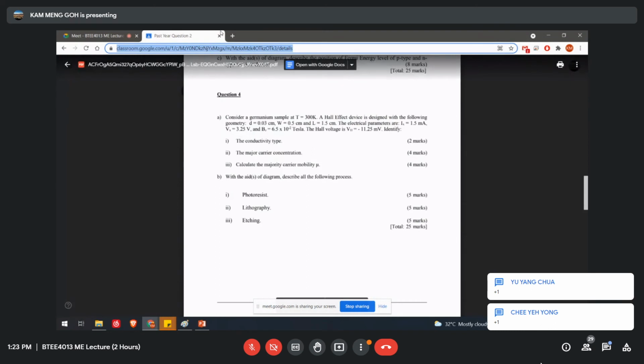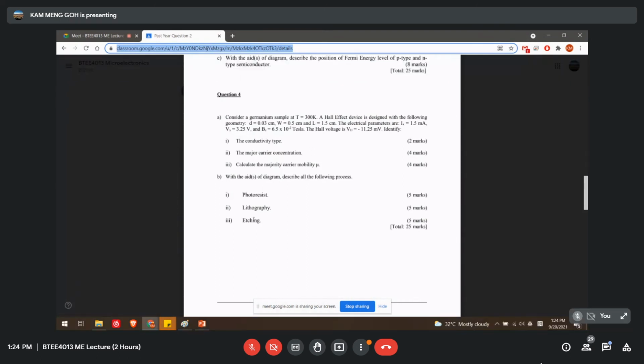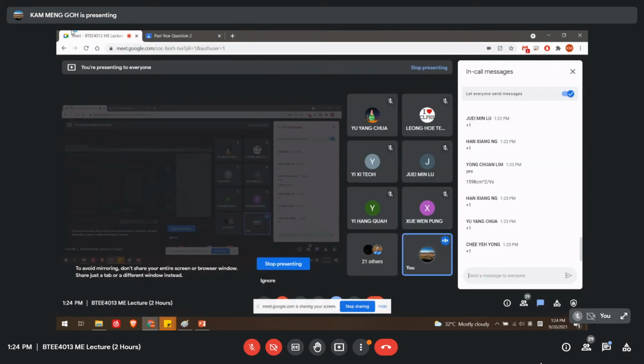Okay, so the last part is basically photoresist, lithography, and etching. I believe you already know that from lecture one. You can just refer to the answer. So this is how the exam looks. But for the upcoming examination, please be careful because we need to calculate the P and Q. When you calculate P and Q, you need to be extra careful, and everyone will have a different answer in this case.